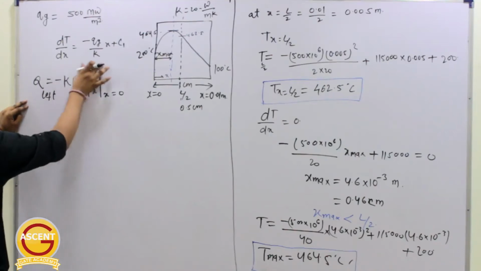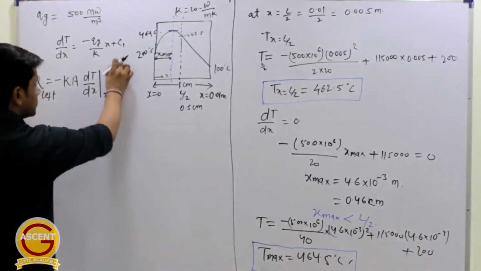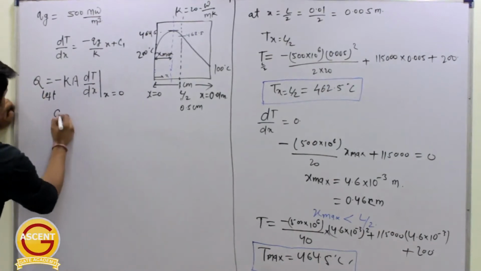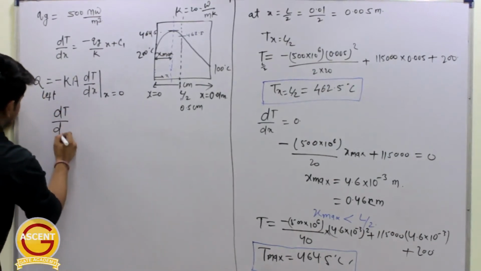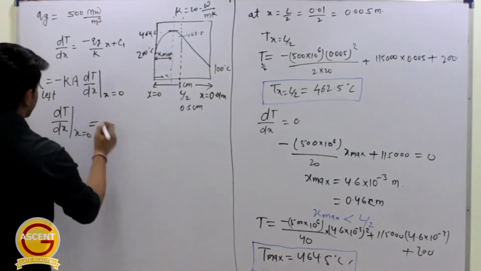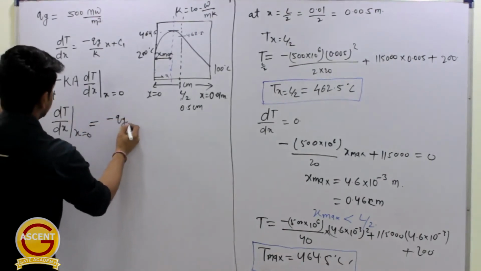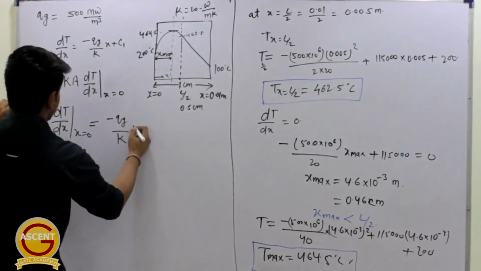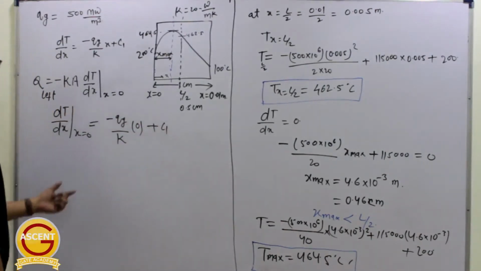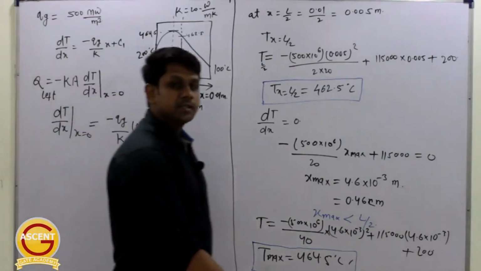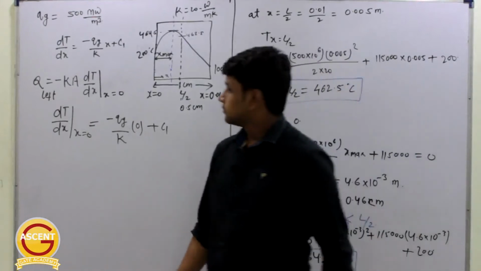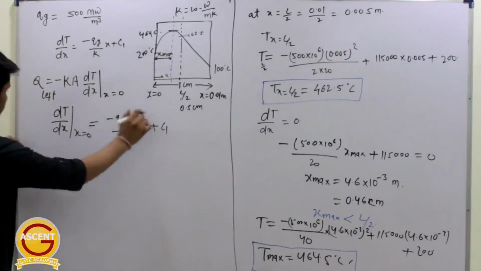So this is the equation of dT by dx, and we know the constant C1 is 115,000. So let's calculate this dT by dx at x equal to 0. It will become minus qg by k into x, and x will become 0, so plus C1. So you will get dT by dx at x equal to 0 as C1, and C1 value is 115,000.